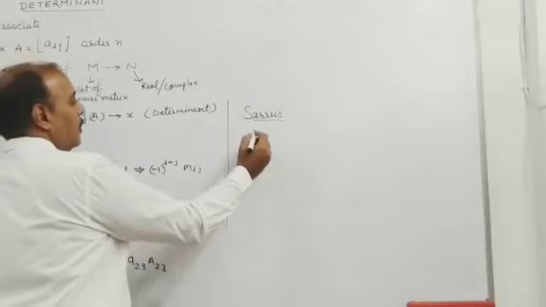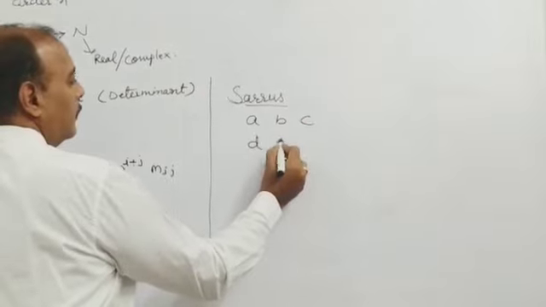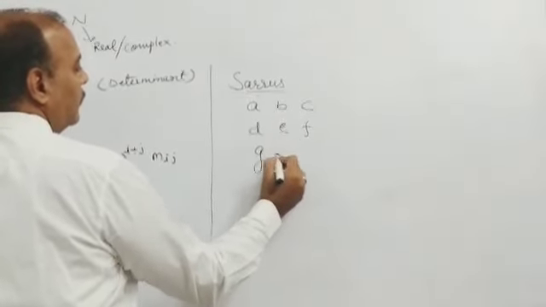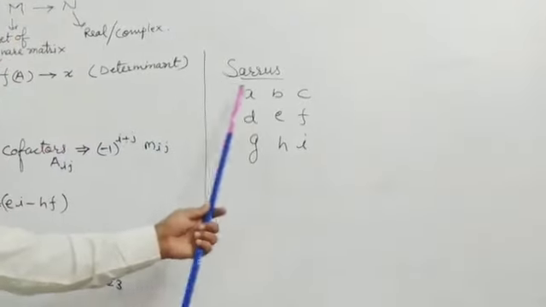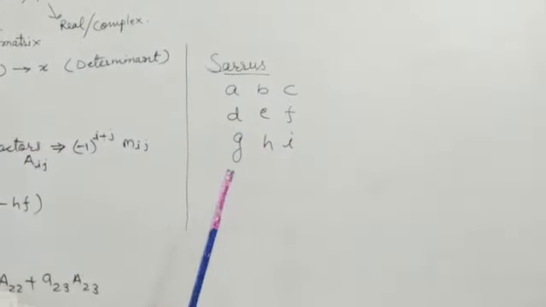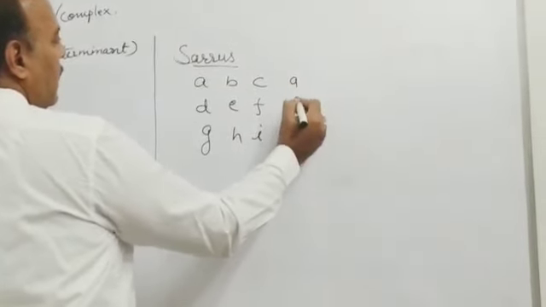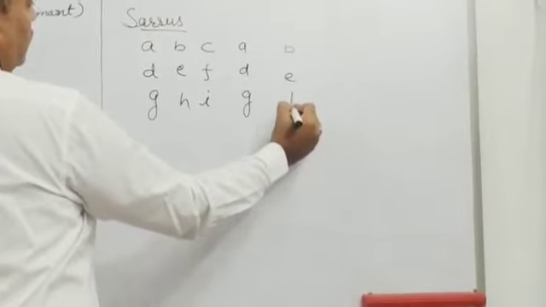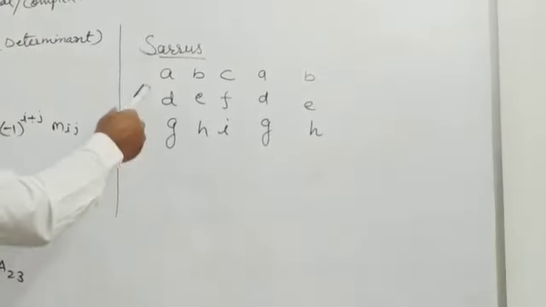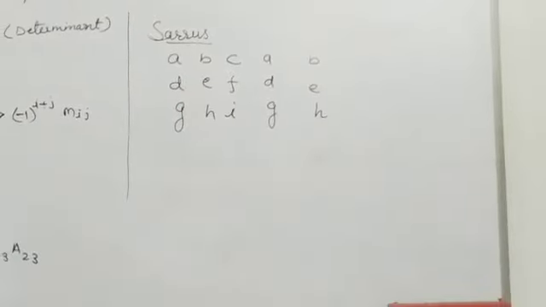In this way you have to write the elements given inside the matrix, then write the first two columns again in the same way: A, D, G and B, E, H, I have written there.